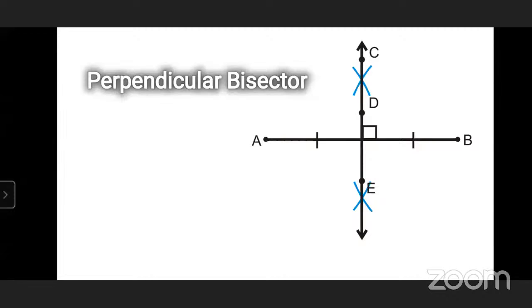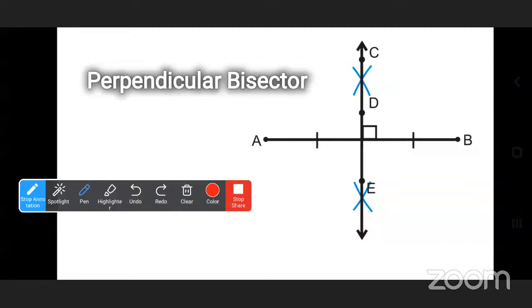The line CE is the perpendicular bisector here, and the point O is the intersecting point of the line segment and the perpendicular bisector. The perpendicular bisector makes a 90 degree angle at the intersecting point on the line segment.